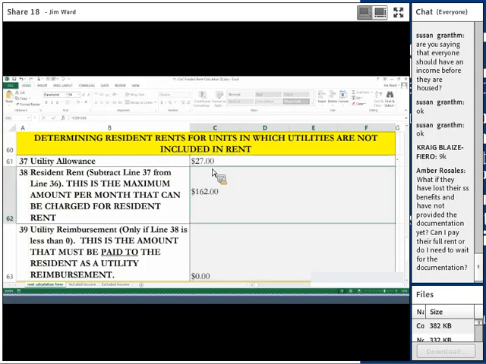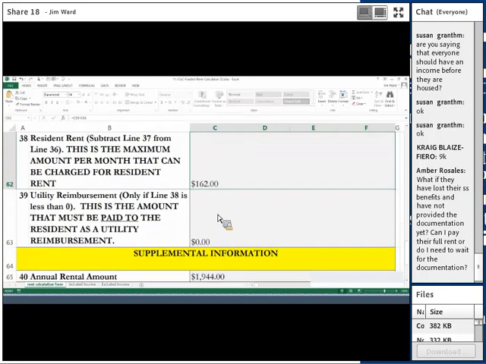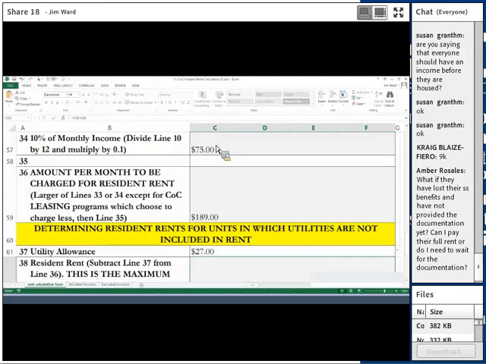So you'll plug that number here, and it will automatically reduce the amount of rent I'm obligated to pay the landlord, so that I can use the remainder that I should have been paying up to 30% to pay towards utilities. If your participant has income, that is literally all you have to do.